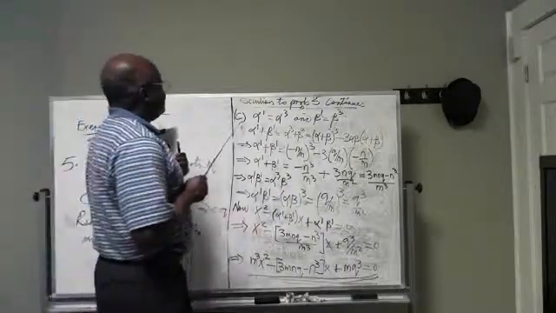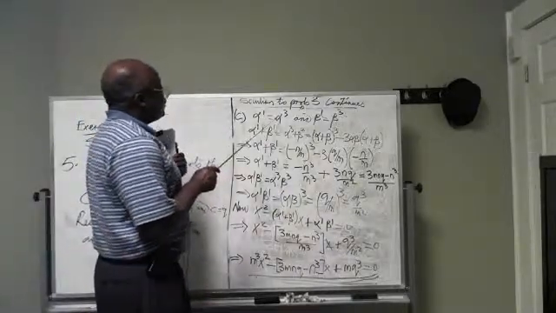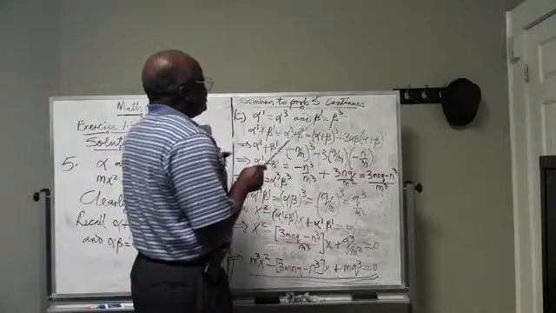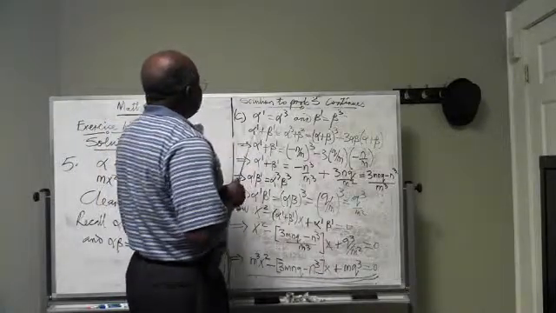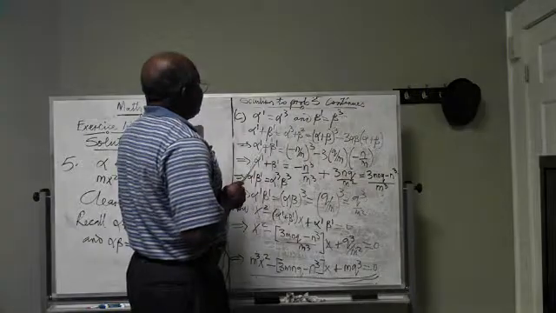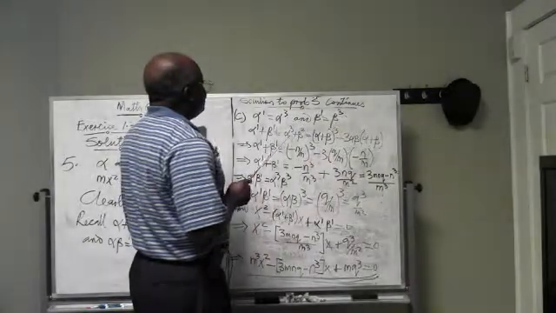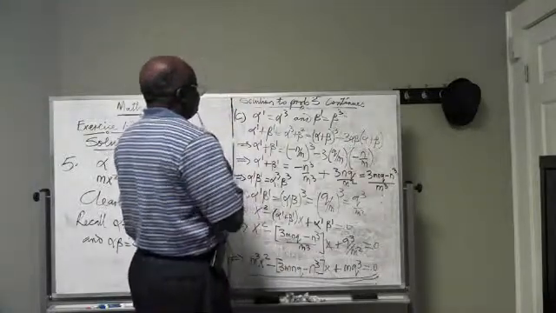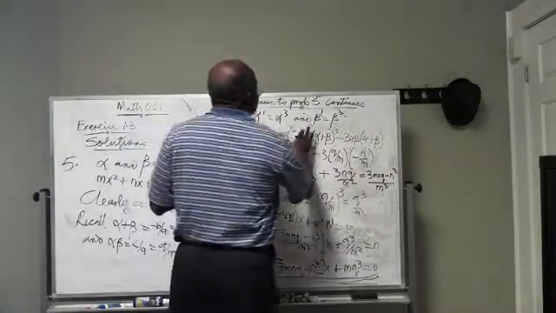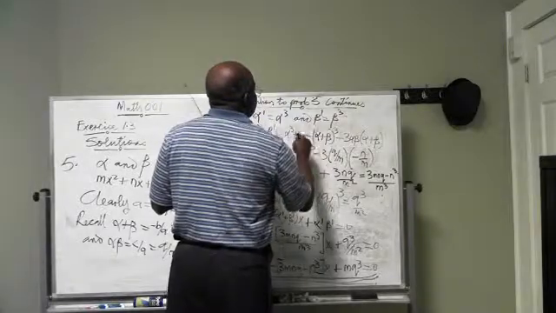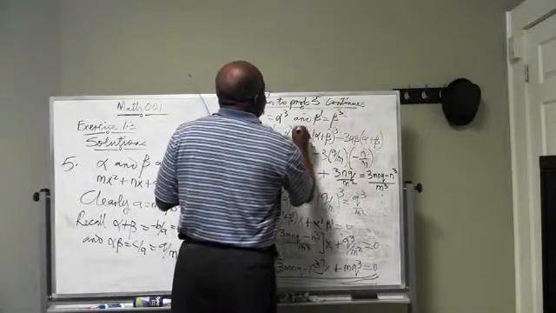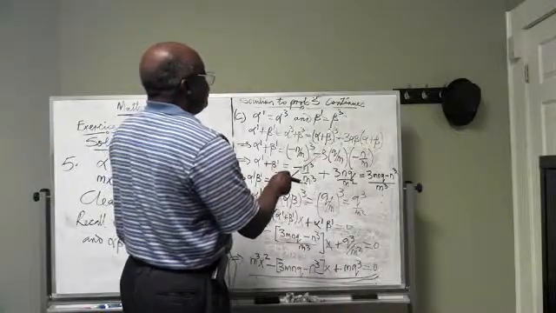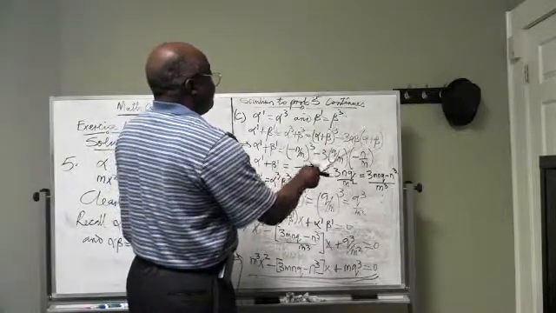Now, problem C reads, alpha prime equals alpha cubed and beta prime equals beta cubed. Alpha prime plus beta prime will be equal to alpha cubed plus beta cubed, which is equal to alpha plus beta all cubed minus 3 alpha beta into alpha plus beta.